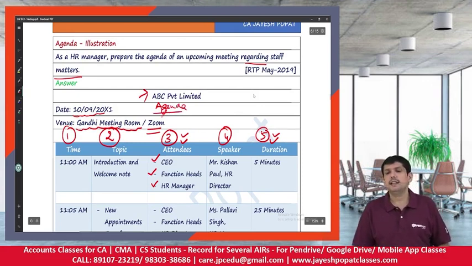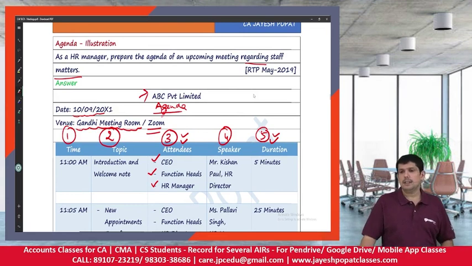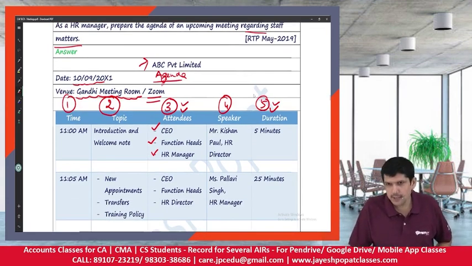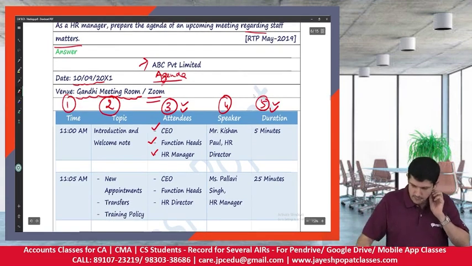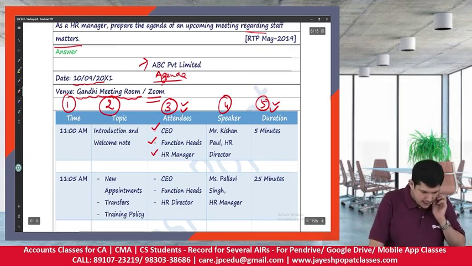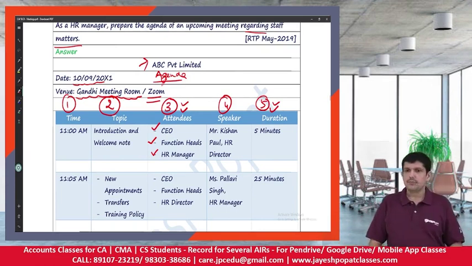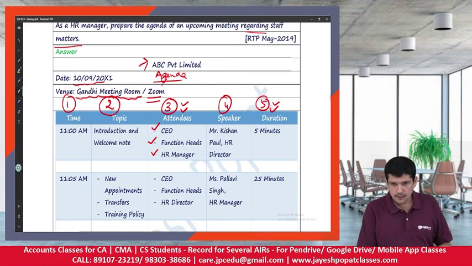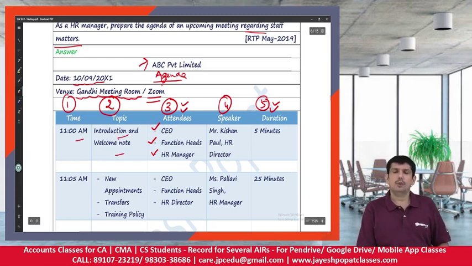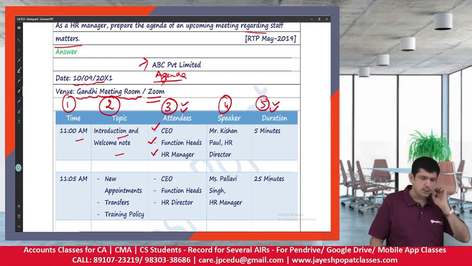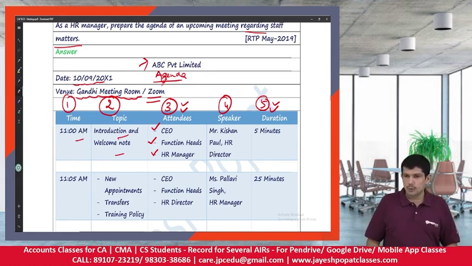We talked about the date of the meeting, the venue of the meeting, right? So our meeting starts at 11 a.m., right? And there will be an introduction and a welcome note. You can say just introduction, or you could say both introduction and welcome note.